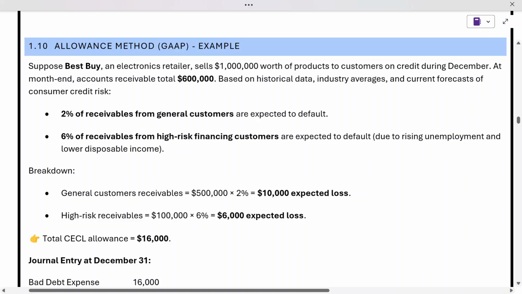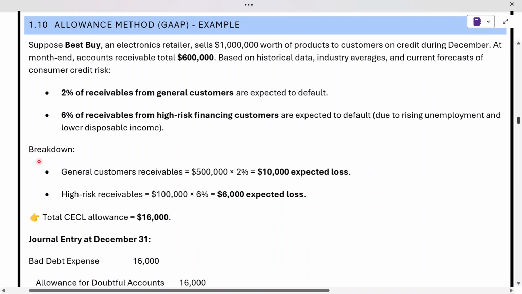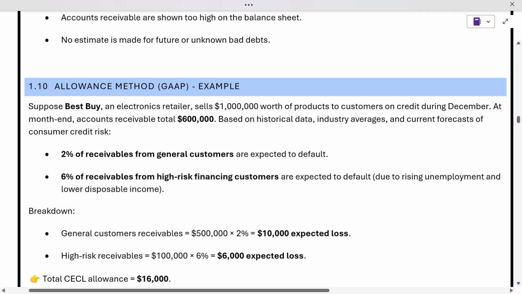So effectively, 6% of receivables from the high risk financing customers are expected to default. Now the breakdown is like this: how much will the general customers' receivable be? We are saying that $600,000 we still need to receive, and the printing is not entirely complete, I believe, so we need to add one more line here.